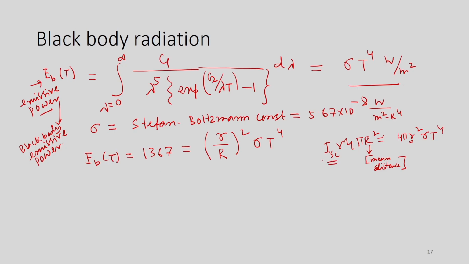So, if we substitute the value of 1367 here, I_SC is equal to small r by capital R whole square times sigma T to the power of 4. If we do this calculation, we can calculate T, because small r and capital R are known to us, and this T will be about 5777 Kelvin.